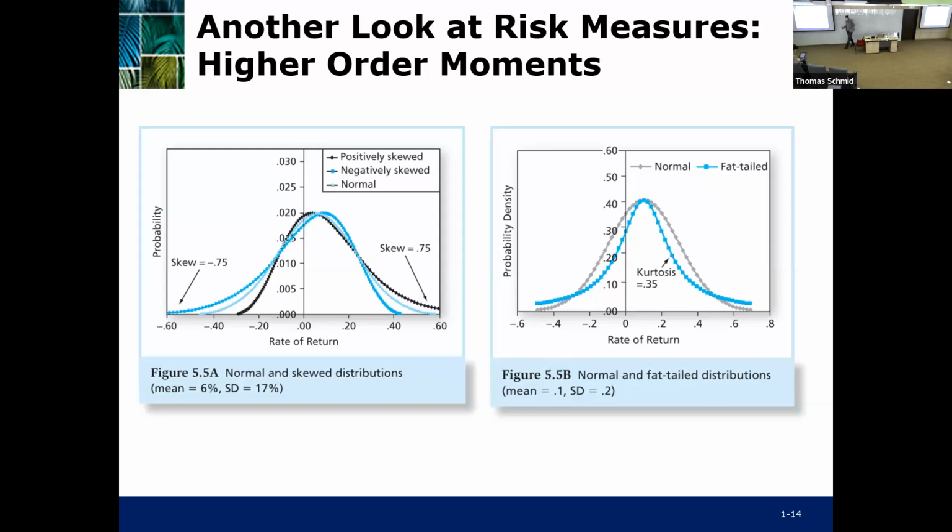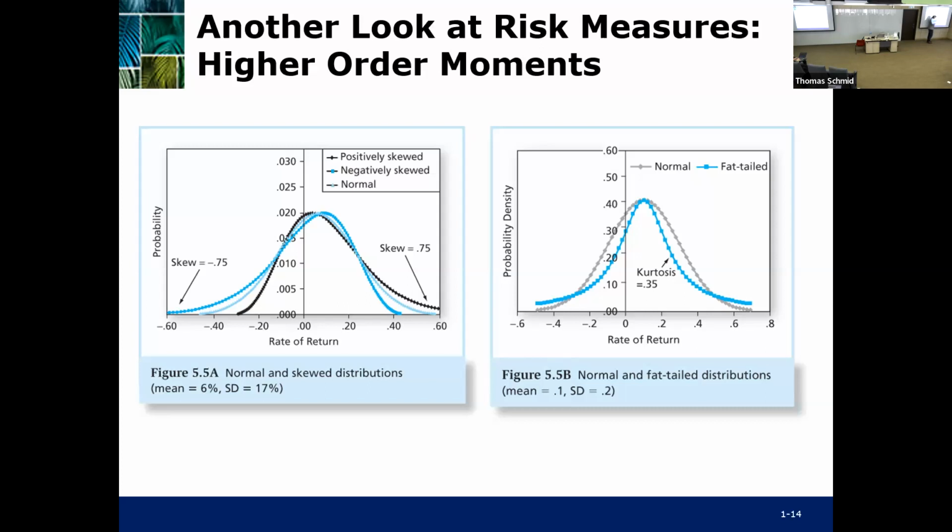If we have a fat-tailed distribution, what that means again is that we have more observations at the extreme ends of the distribution. So events like a minus 50% return would be super rare under a normal distribution, but under a fat-tailed distribution, those events would occur from time to time.